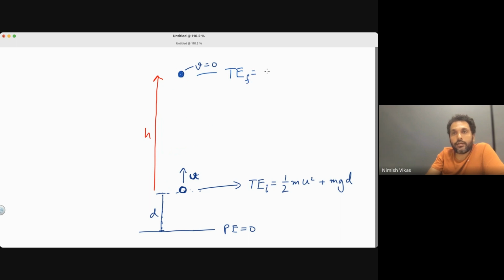Final is equal to half m into the velocity over there square, which is 0 square. The velocity over there is 0. Just write v square, but we know it is 0. And then the potential energy over there. Now I have to be careful that whatever was the reference level, I have to take the same reference level. So the reference level was here. So from there, potential energy is mg(d plus h), right?